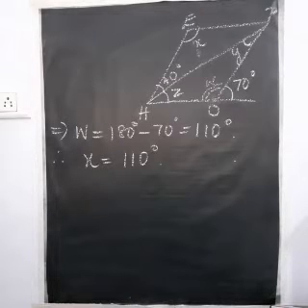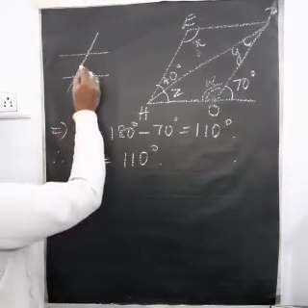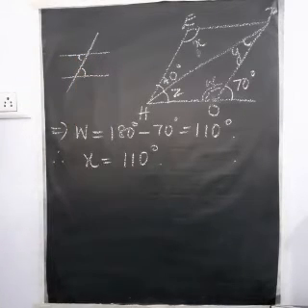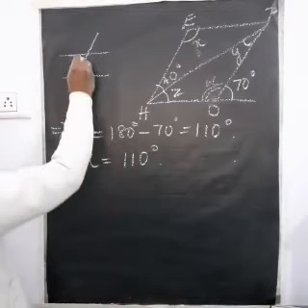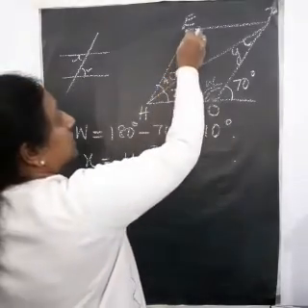Now, you have learnt in the lower classes that when we have a transversal, what happens? This angle and this angle are known as alternate interior angles and they will be equal. Correct? Now, this is a parallelogram.